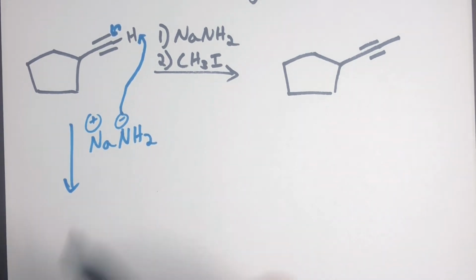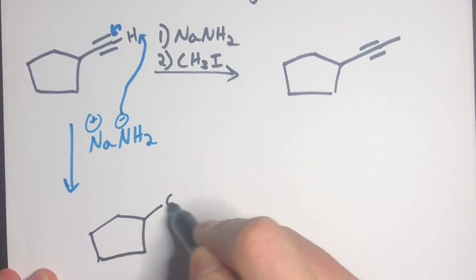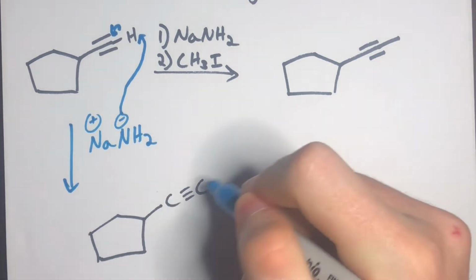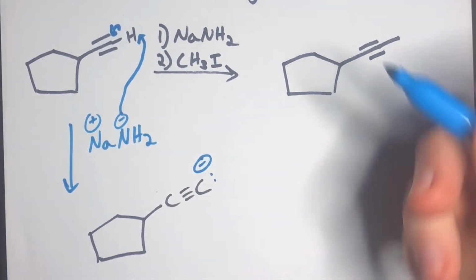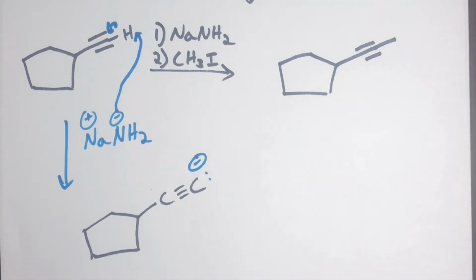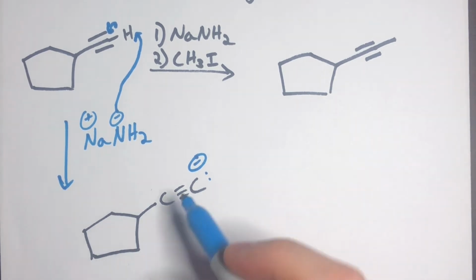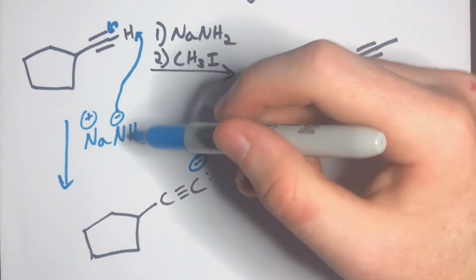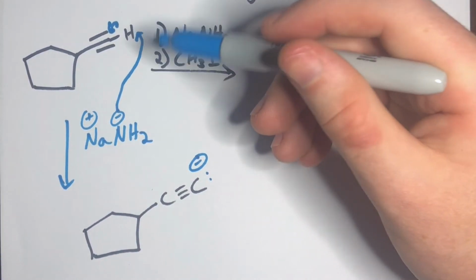So here, the product is this, with a negative charge in the lone pair on this carbanion. And now this has become a base and a nucleophile. And by the way, we created NH3, ammonia, as a byproduct.